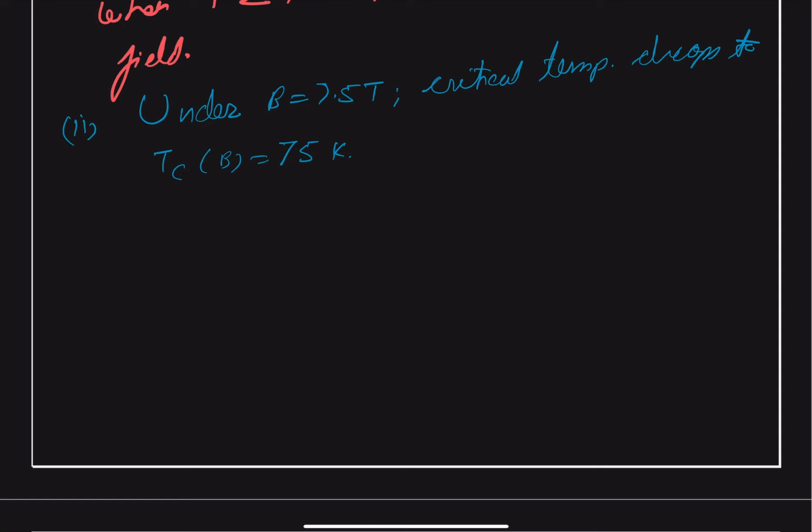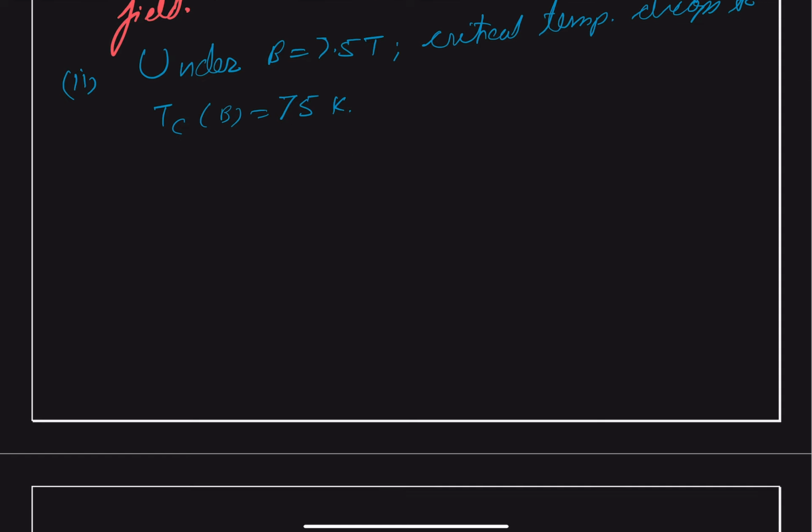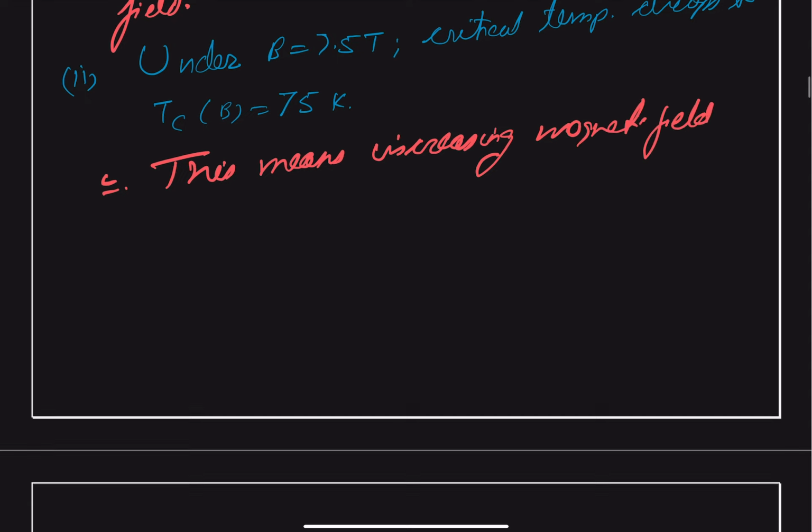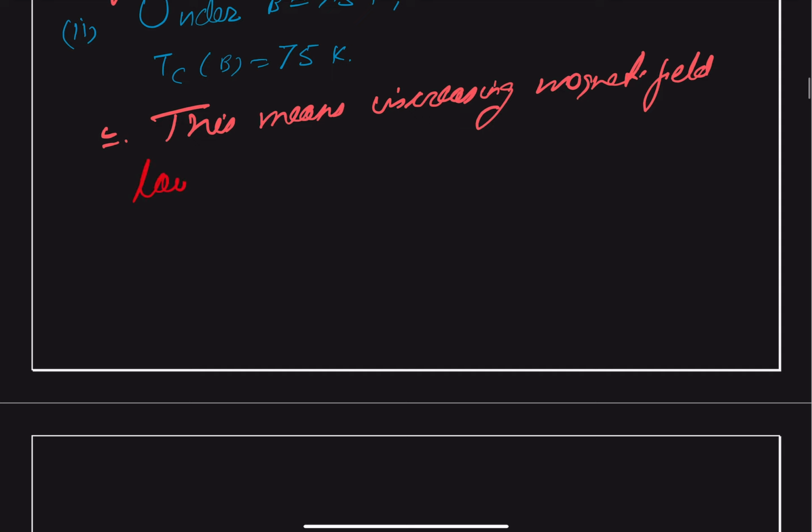So it means that increasing the magnetic field lowers the critical temperature. So this means increasing magnetic field lowers critical temperature.